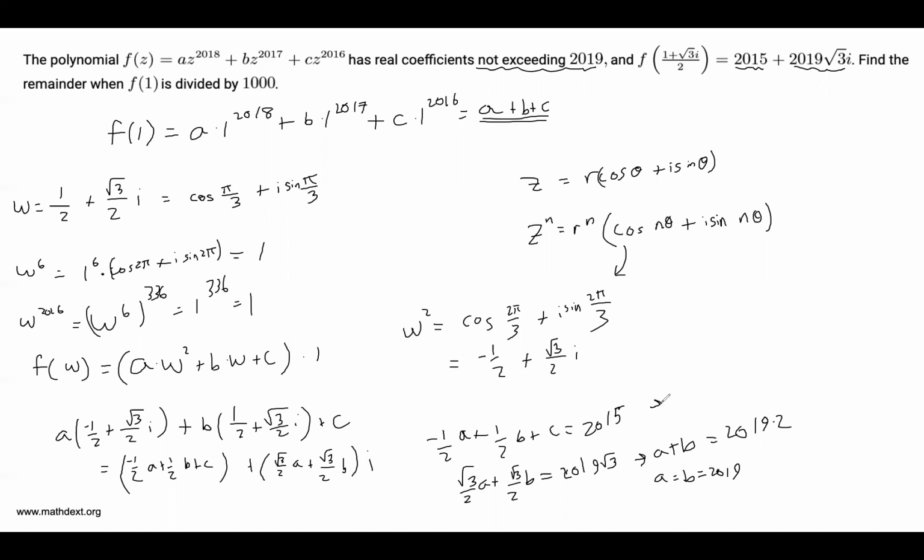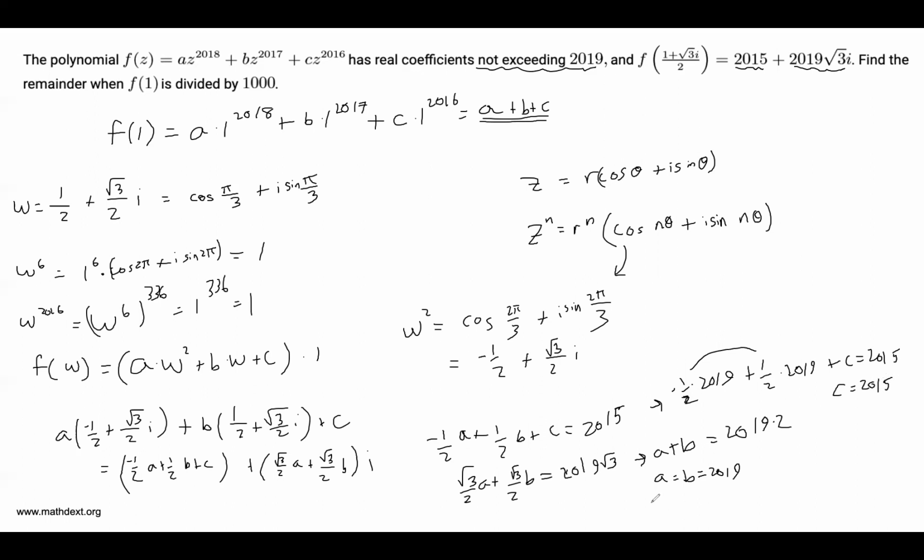And from this equation, we can get negative 1/2 times 2019 plus 1/2 times 2019 plus c equals 2015. These two terms add to 0, and we're left with c equals 2015.